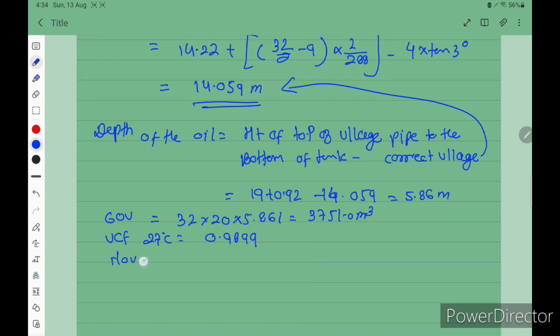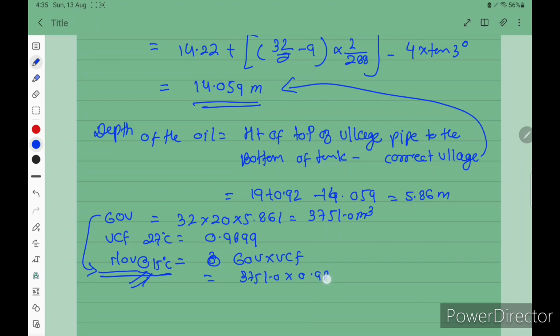So we get the net observed volume at 15 degrees centigrade. We have to convert to 15 degrees, because all the calculation, all the standard is set on 15 degrees centigrade. So net is GOV into VCF.